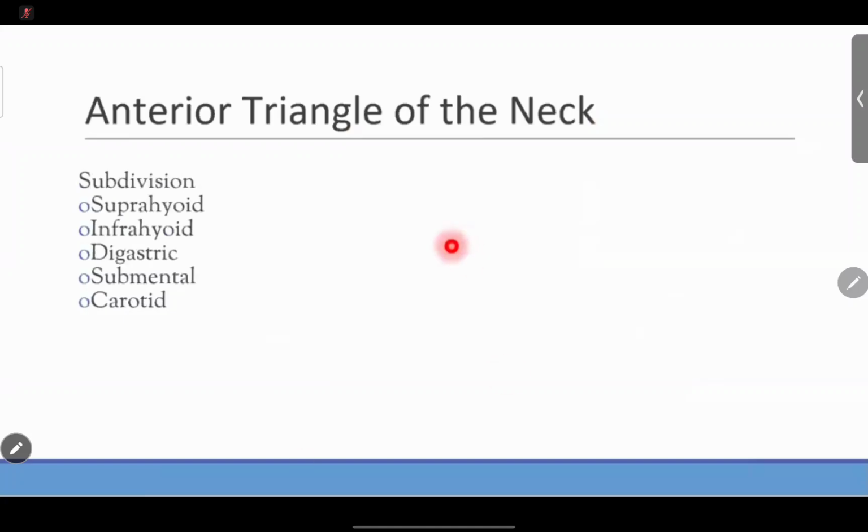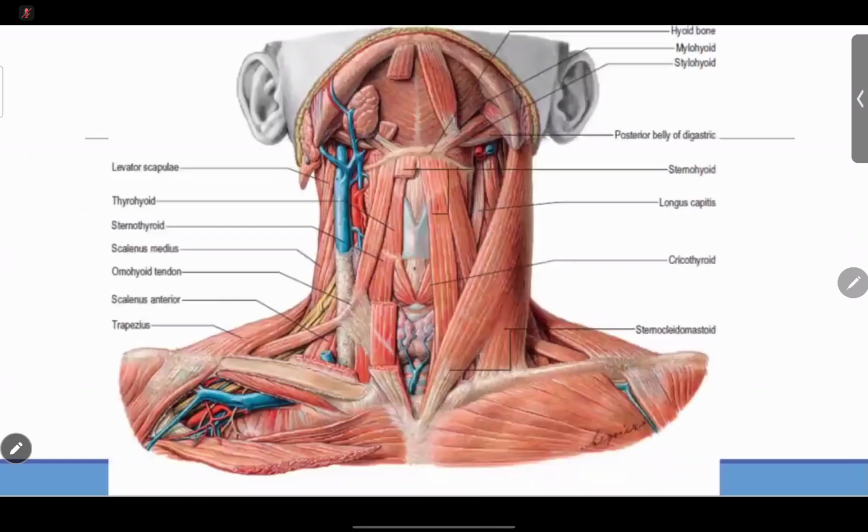And then your anterior triangle is further subdivided into parts, so it depends. First would be your suprahyoid and infrahyoid. Another would be your digastric, submental, and your carotid. This is a nice illustration by Netter, an anterior view of your neck.